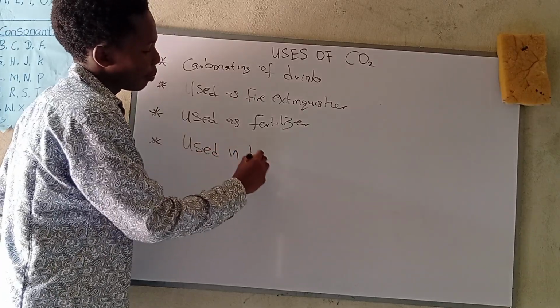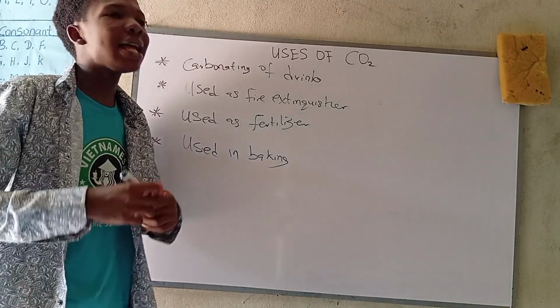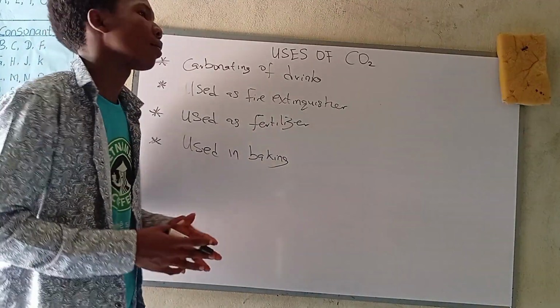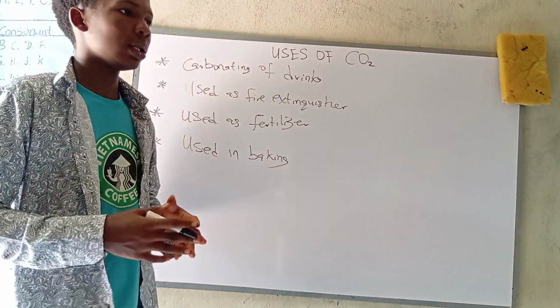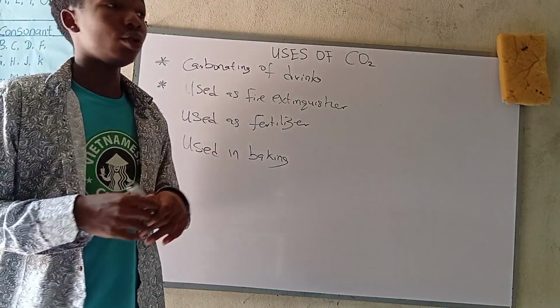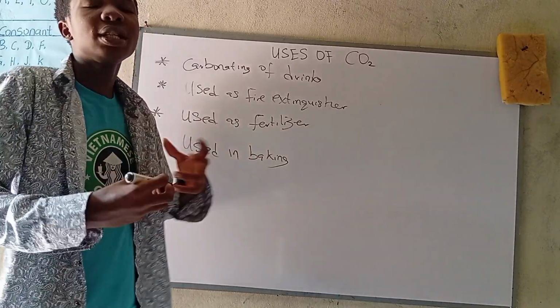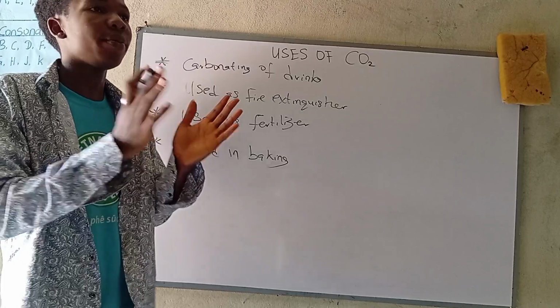Used in baking. Now, you now ask me, why is it used in baking? When CO2 is added to the dough used for baking, it causes the dough to rise. So now that is why it is used for baking.